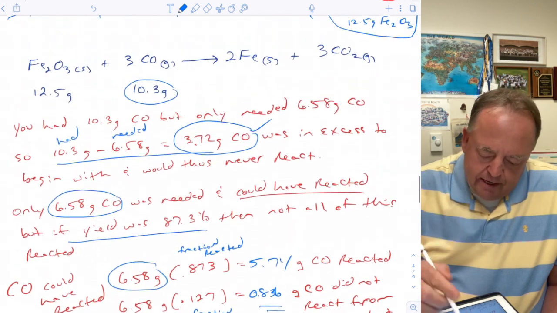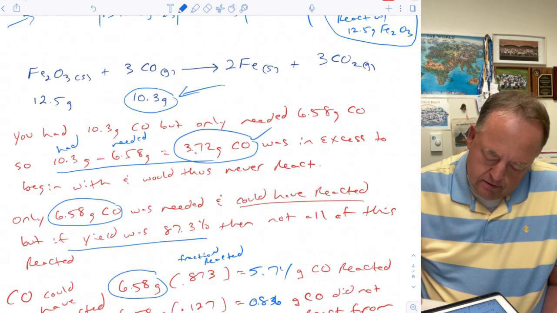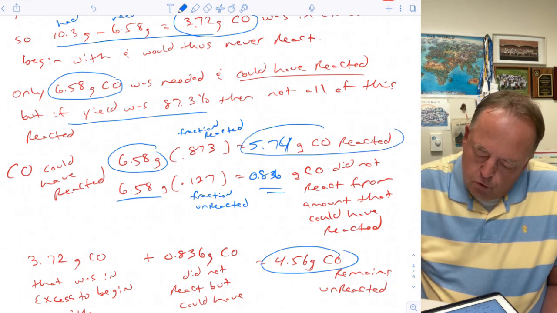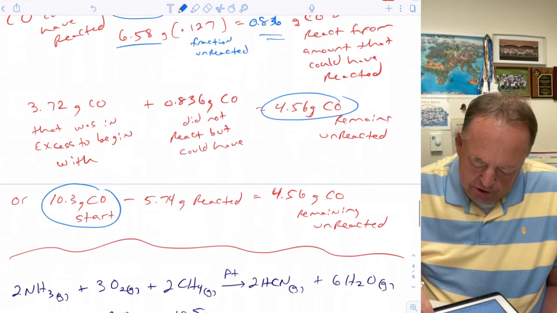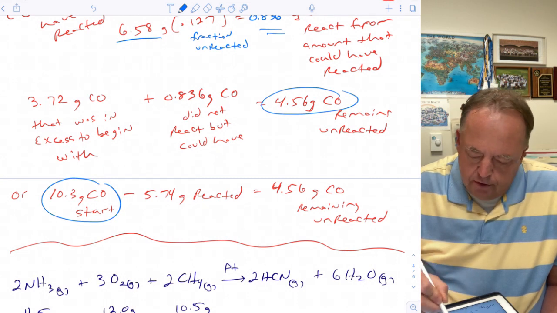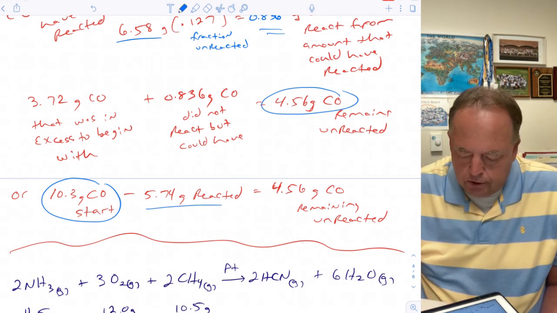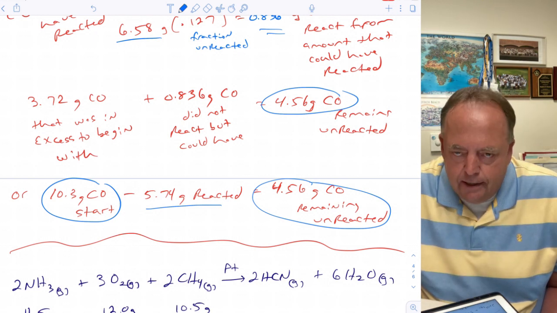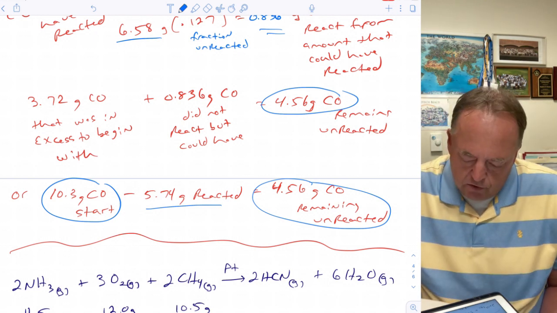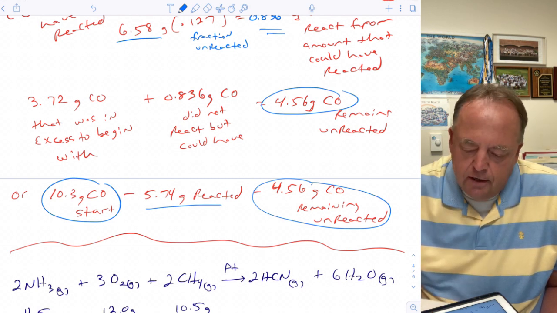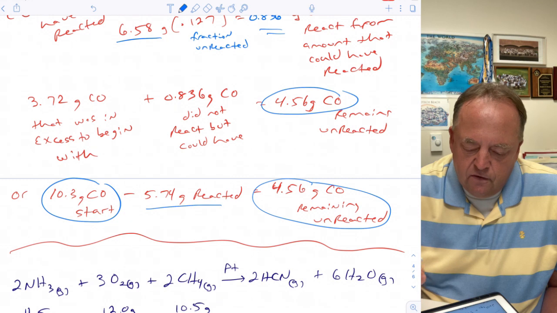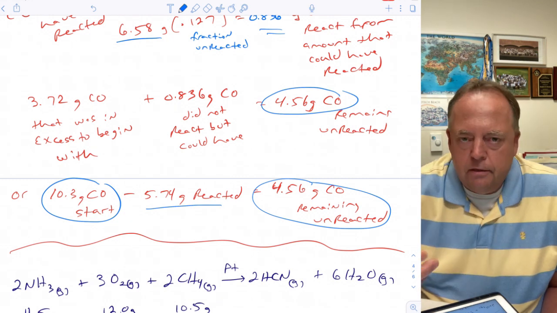That's how much we put into the reaction. And we calculated right here that 5.74 grams actually reacted. So if we subtract what actually reacted from what we started with, we get 4.56 grams of carbon monoxide left unreacted, right? That's how you figure out how much unreacted starting material is left over if it was not the limiting reagent.